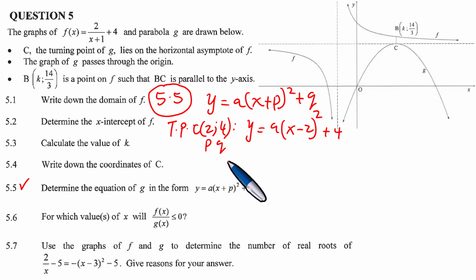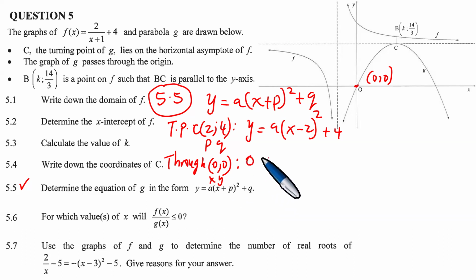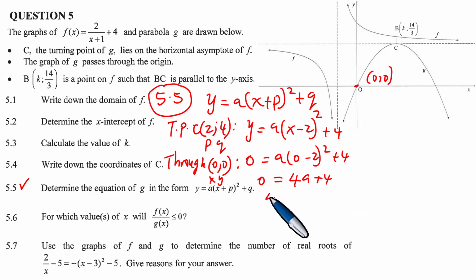Moreover, this parabola needs an extra point, and it passes through the origin (0, 0). So y is 0 and x is 0, giving 0 equals a(0 minus 2) squared plus 4, which is 0 equals 4a plus 4. So 4a equals minus 4. You divide through by 4, you get a equals minus 1.